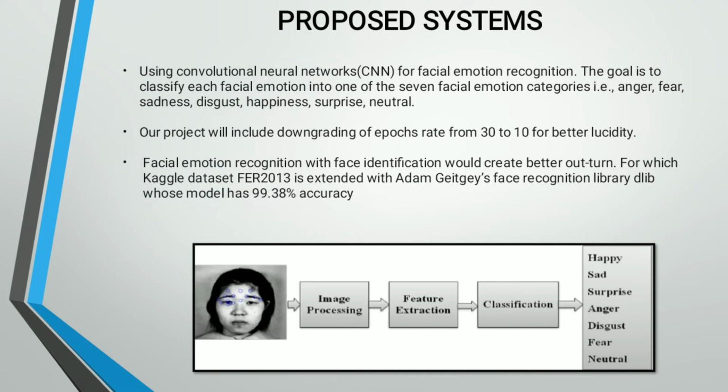Our project will include reducing the approaches from 30 to 10 for better lucidity. Facial emotion recognition with facial identification would create a better outcome, for which the Kaggle dataset is extended with Adam Geitgey's face recognition library dlib, whose model accuracy is 99.38%, which is approximately equal to 100%.